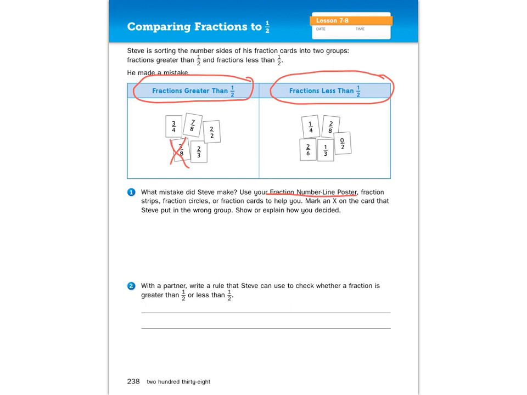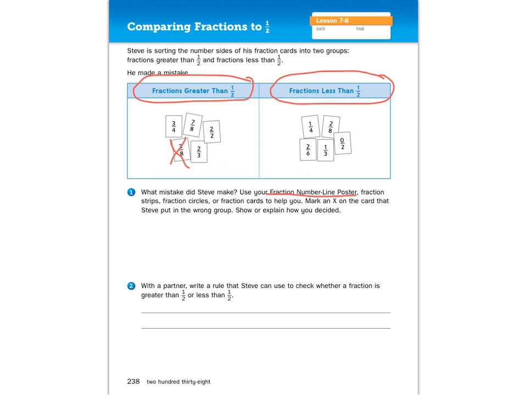But on the back of the home link for today, home link 7-8, there is a fraction number line kind of poster. So that might be helpful for you to be looking at throughout this lesson. It's page 251 on the bottom right-hand corner, but it's on the back side of the home link for today. So that might be helpful for you.